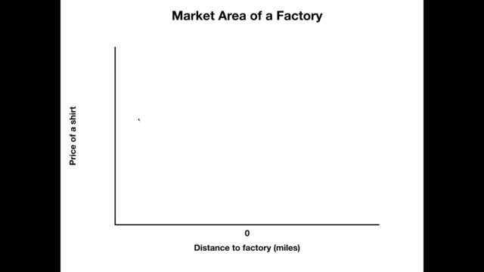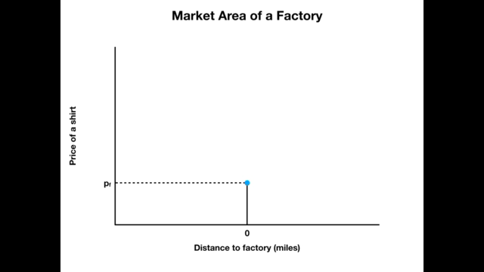In particular, one of the things that you should note is, let's take a look at the individuals who are within close proximity of this particular shirt factory. Those individuals are going to be paying the factory price for that shirt. They're not really incurring any transportation costs to get there, and the opportunity cost of their time is quite small.